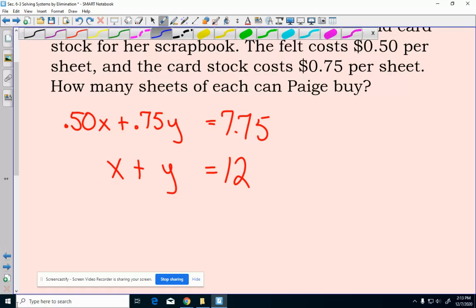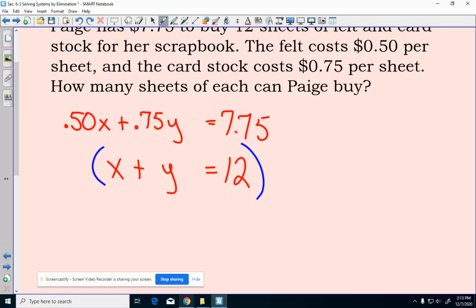Remember, in order to eliminate, you just have to make either your coefficients of x or y be the same or the opposite, and then add or subtract to make them go away. So as I look at this right now, I'm thinking if I just multiplied everything in this bottom equation by 0.5, or 50 cents, I'd end up with two equations that had identical x values.